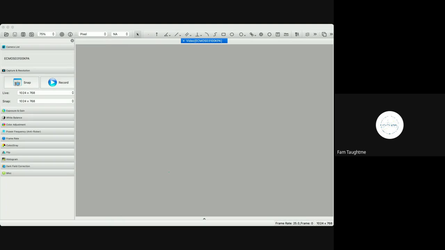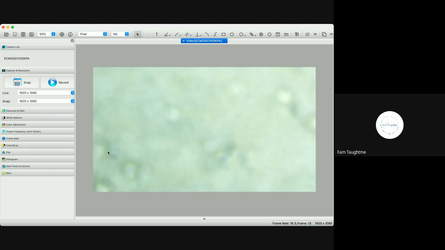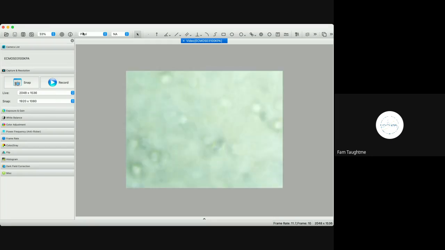Okay, so we're back inside of the microscope. I'm gonna shut my light off. And let's see. First, I gotta get us on. Okay.